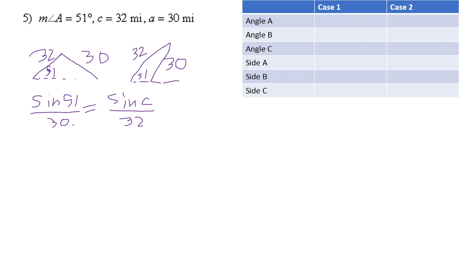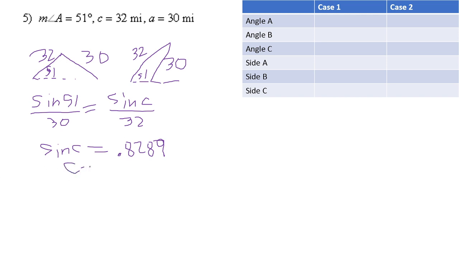When we solve for sine of C, you multiply both sides by 32, and you get that sine of C equals 0.8289. And then inverse sine both sides.